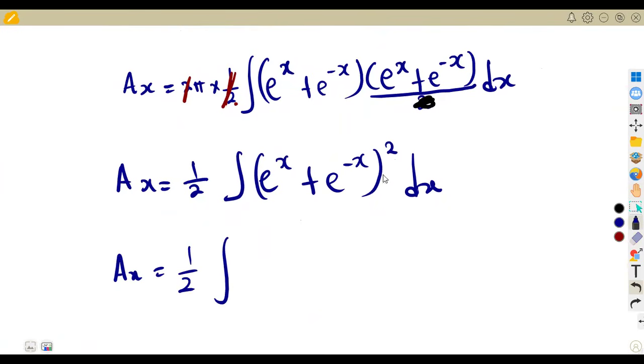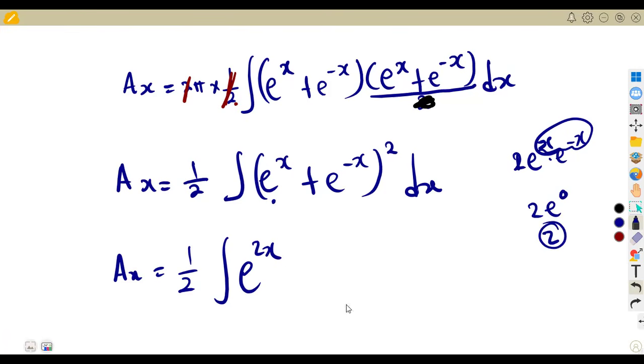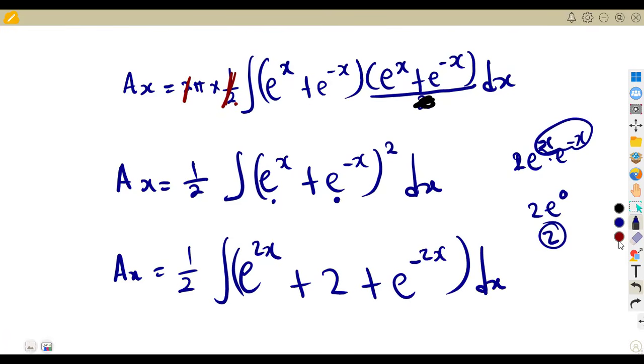Remember, we're going to raise to the exponent of 2, which is going to be a squared, which is e to the exponent of 2x, plus 2ab. So it's going to be plus 2ab, e to the exponent of x times e to the exponent of minus x. This will give us a 0. So that's 2e to the exponent of 0, which is what? A 2. So that's plus 2, plus b squared, which is the last term squared. So it's going to give us e to the exponent of minus 2x. I hope here we are still together. So that's it. We have expanded these brackets that we are given.